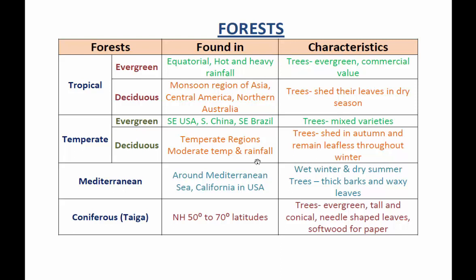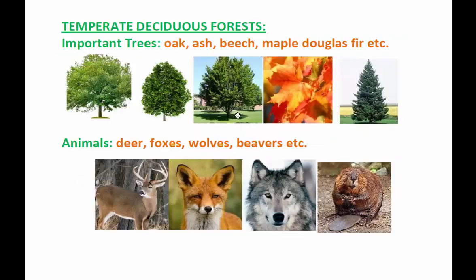So that is the basic difference. Alright, so these are the temperate deciduous forests with some of the important trees like oak, ash, beech, maple, Douglas fir, and the important animals include deer, foxes, wolves, beaver.